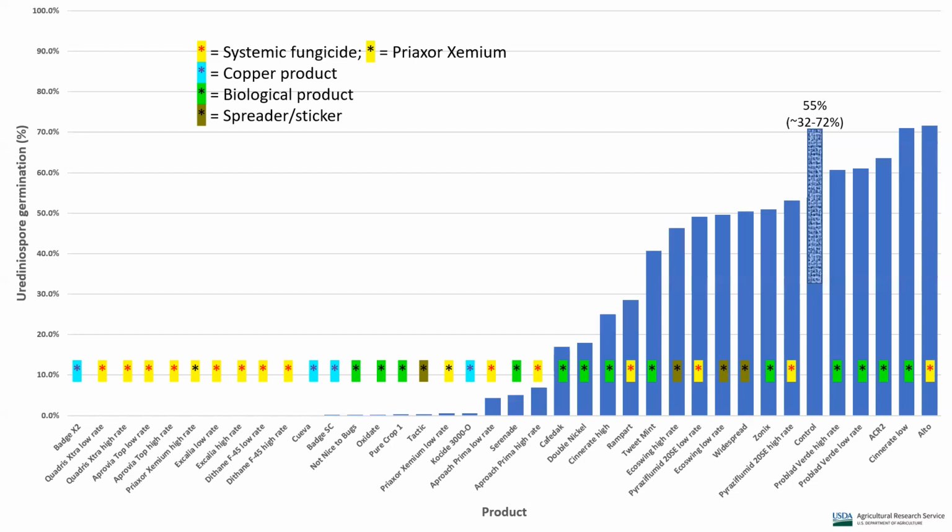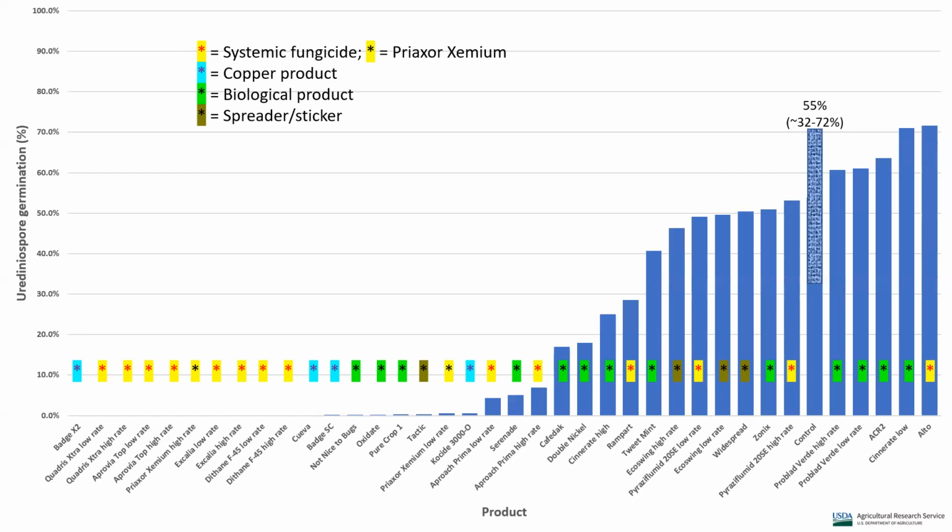Now you can see there's a broad range of inhibition here. Starting on the left, you virtually kill all spores when the product is in contact with CLR, versus some to the right, which have no effects on germination. So overall, systemics work great, Priaxor works great, the coppers work great.